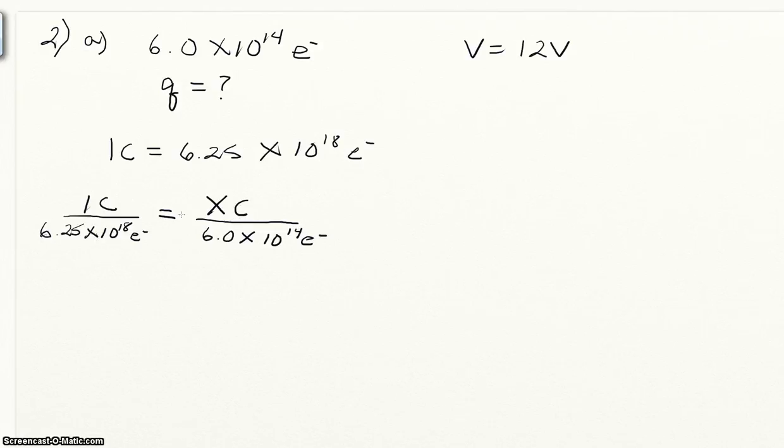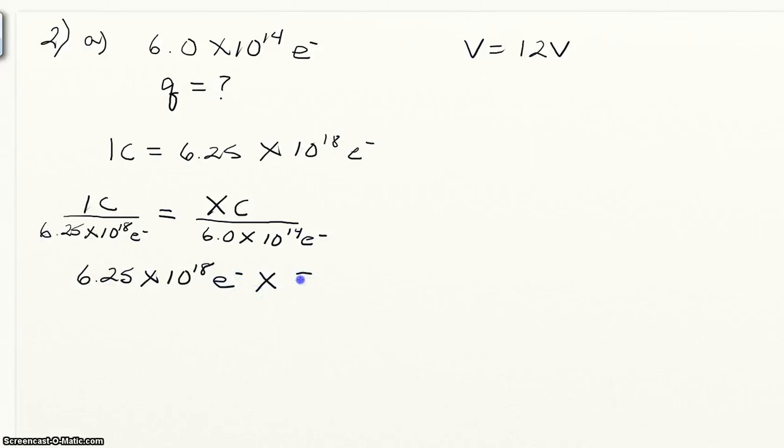We're basing it off of this equivalency here. We cross multiply, and we end up getting this. We're going to go 6.25 times 10 to the 18 electrons times X. We'll just leave it as X.